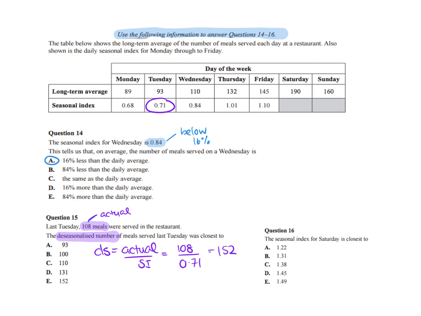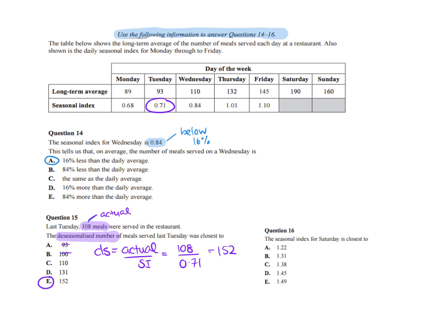Now, because Tuesday's seasonal index was below average, when I deseasonalize the data, I should see a number bigger than 108. So you could have got rid of some options straight off the bat, saying it had to be bigger than 108. But anyway, we've worked it out and it's E.